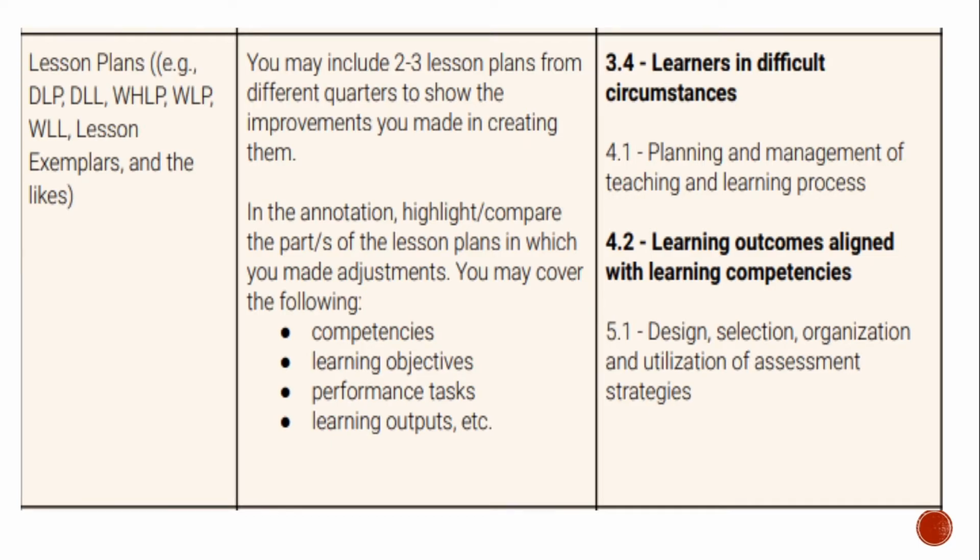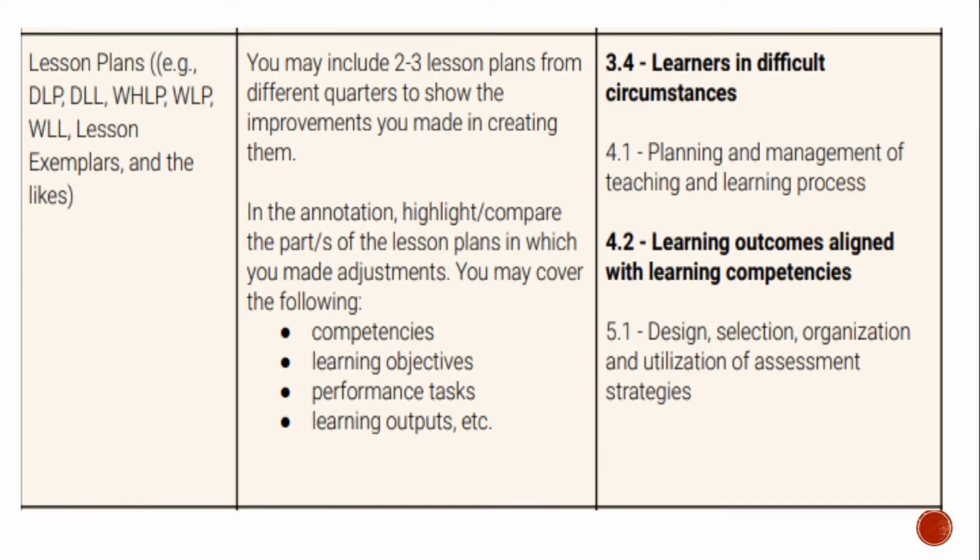The next required artifact is the lesson plan. Any form of lesson plan. It can be DLP, DLL, weekly home learning plan, WLP, WLL, or lesson exemplars. You may include 2 to 3 lesson plans from different quarters to show the improvement you made in creating them. In the annotation, highlight and compare the parts of the lesson plans in which you made adjustments.